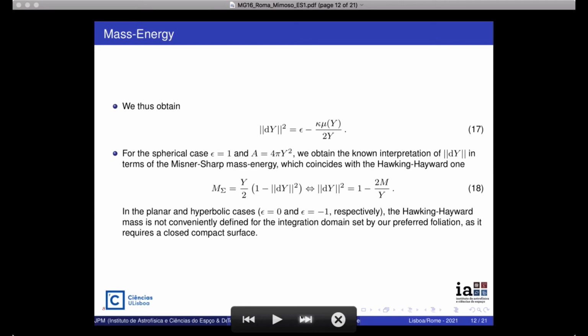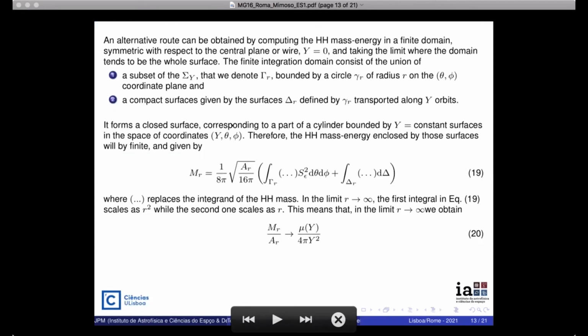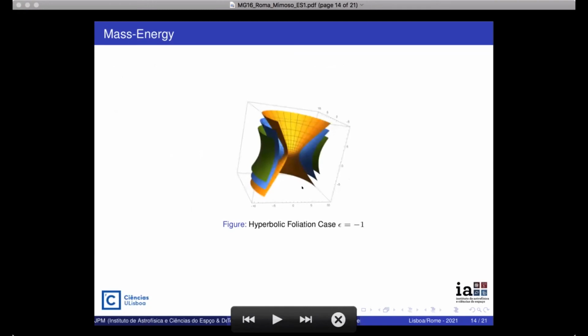So we want to encompass or to look at the open models. And so the trick that we are going to use, technically, I can show you this image here, which is probably more illuminating. Since we are dealing with leaves which have, for instance, hyperbolic foliation or form, what we are going to do is consider closed volumes defined by the foliation and the circles on top of these, like caps, like cylinders, like that.